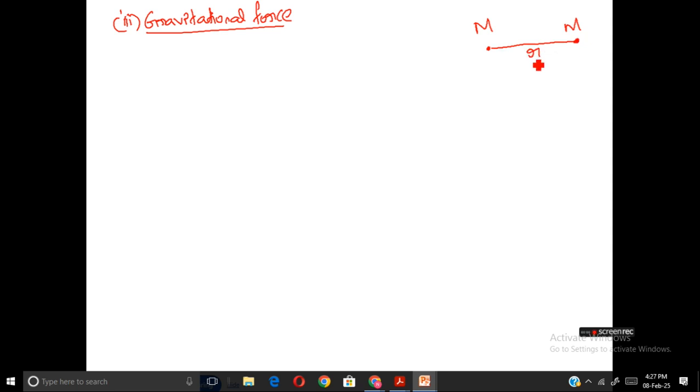Suppose they are located at a distance of small r. The force acting on the two bodies is given by GMm by r square, and the direction of the force will be in the r direction. As we are considering forces per unit mass, it will be F by m, which will be GM by r square.